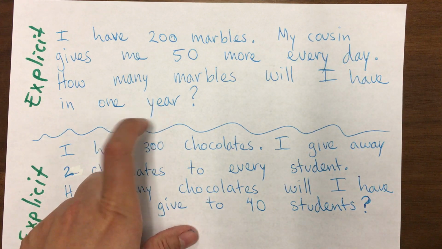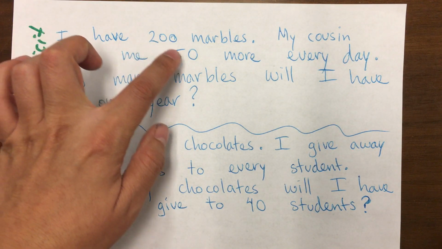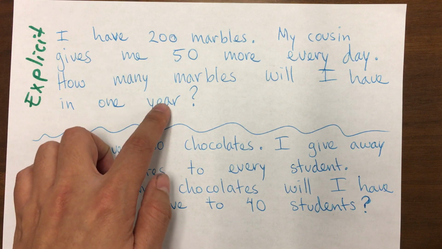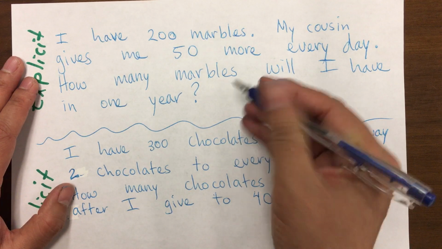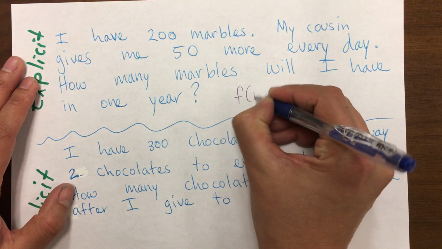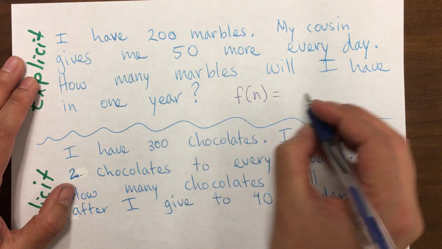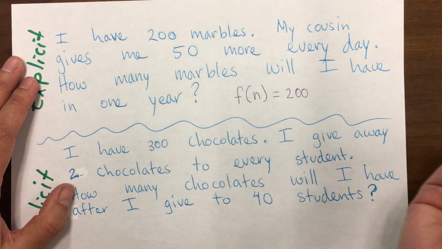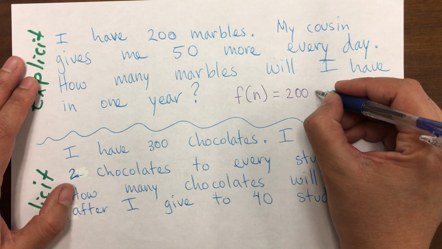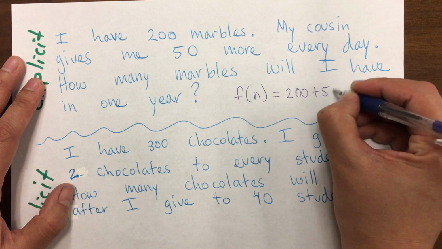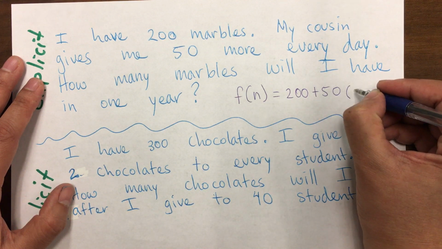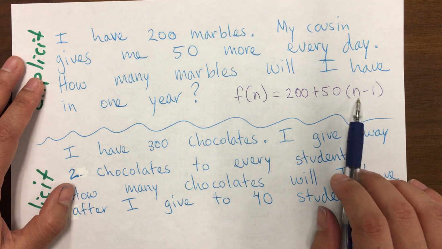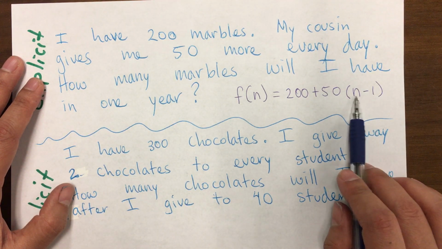You can just go directly to figure out how many you will have after the 365 days using the explicit formula. Again, maybe I should write it in here. F of n equals the initial, which is I start with 200, and I'm adding 50, and then n minus 1, which will be the 365 minus 1, 364.